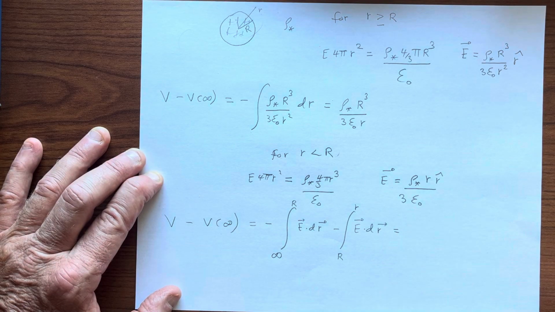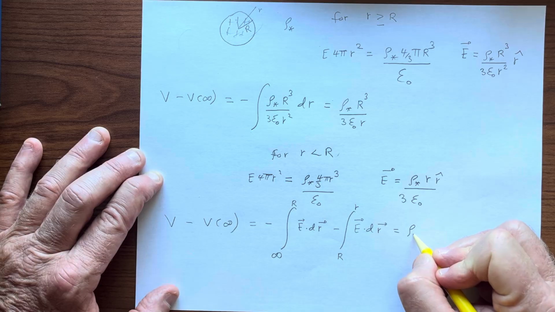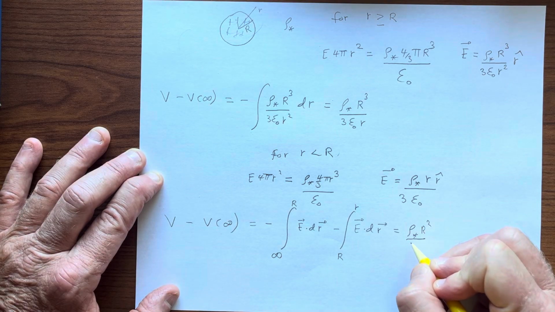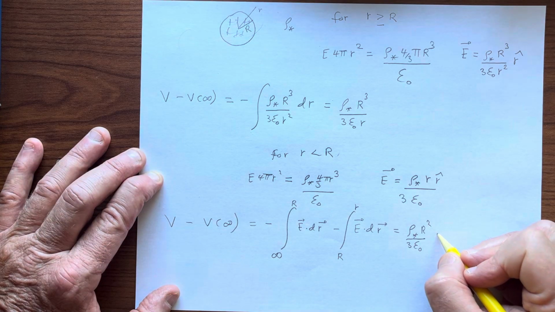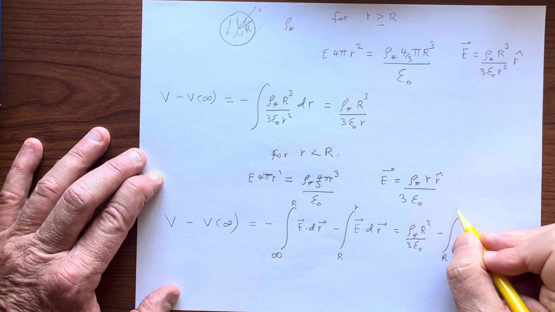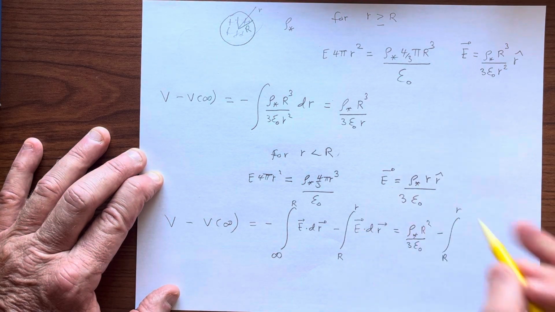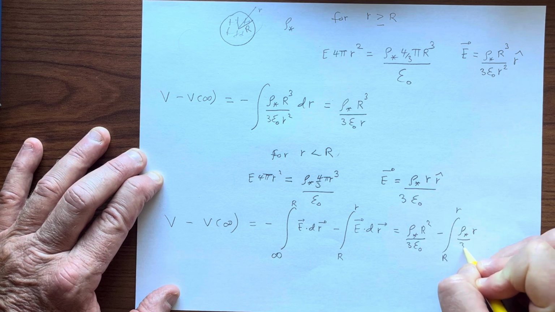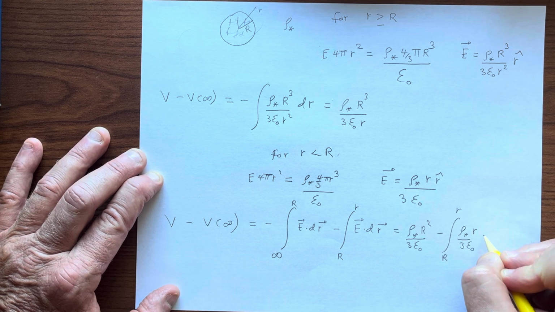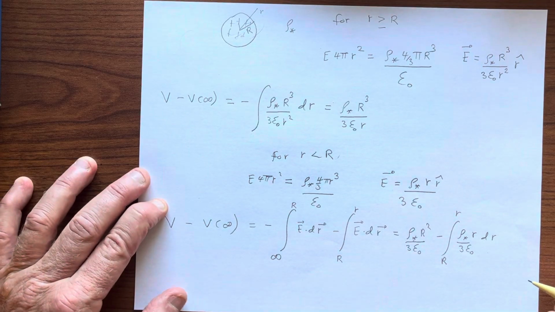And that gets us, outside, rho star R squared over 3 epsilon naught. And then we have this other calculation to do. So we're using this electric field, rho star little r over 3 epsilon naught dr.